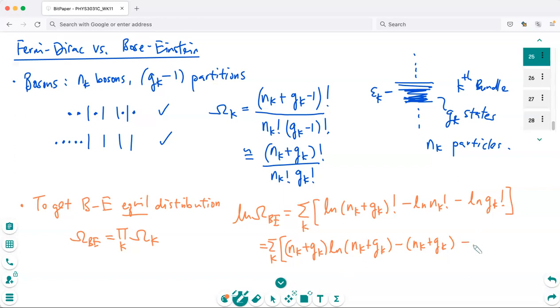That will give me n_k log n_k minus n_k, and there's a minus sign here, so it becomes plus n_k. I write it a little bit differently. And then the next term, I have g_k log g_k minus g_k, and there's a minus, so this becomes plus g_k. The point is you get this cancellation here. So this is what you can cancel.